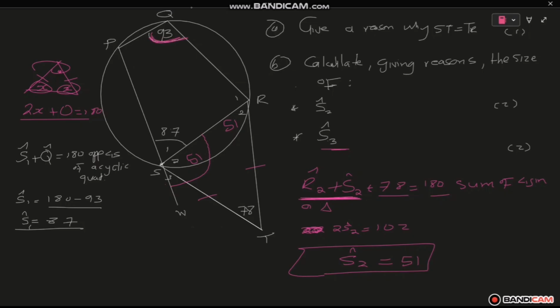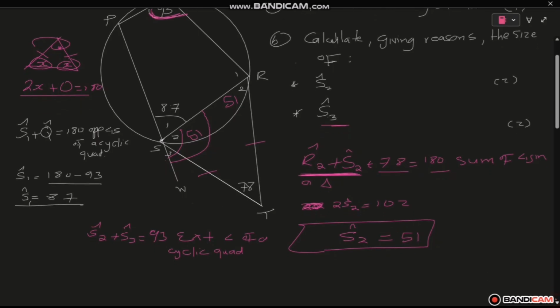Therefore, angle S2 plus S3 equals 93. Then the reason is exterior angle of a cyclic quadrilateral. Therefore, we substitute. Let me just go up a bit.